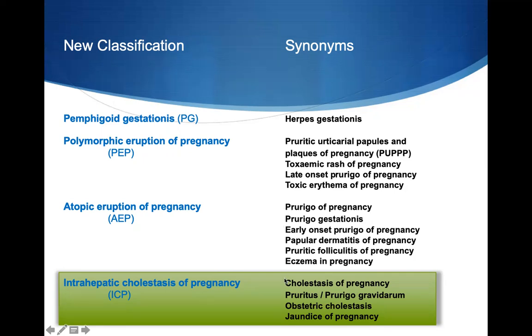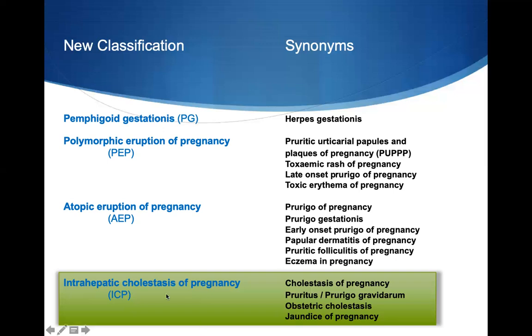So for example, what used to be called herpes gestationis is now called pemphigoid gestationis. So just a name change, a new nomenclature. But I will say that if you look at this table, there is some simplicity being gained by reducing multiple labels down to single labels. So I think that's its advantage.